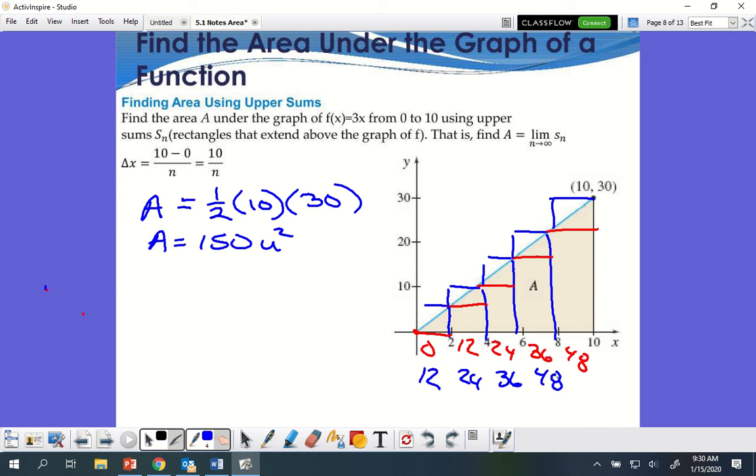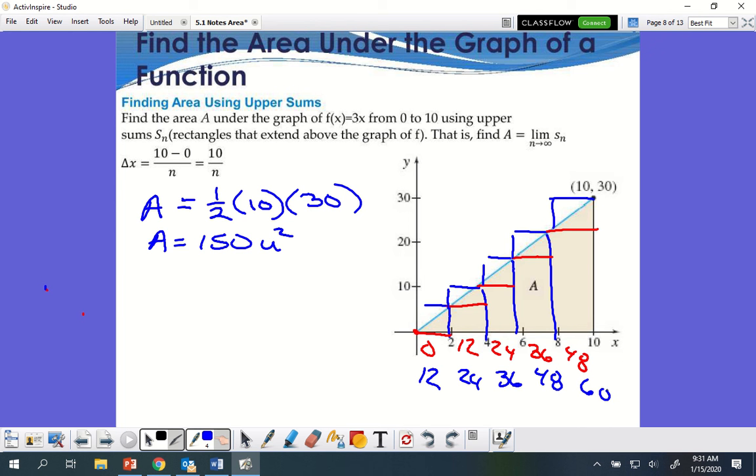And now my last one, which is a right hand estimate, so it's going to be 10 times 3, which is 30, right? 30 times 2 is 60. So all that blue should be an overestimate. So it should be over 150.